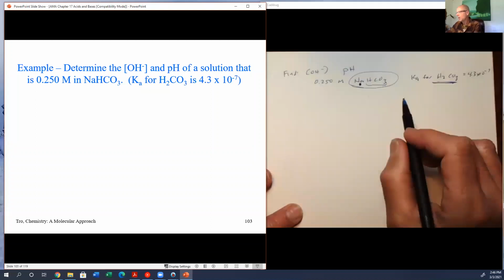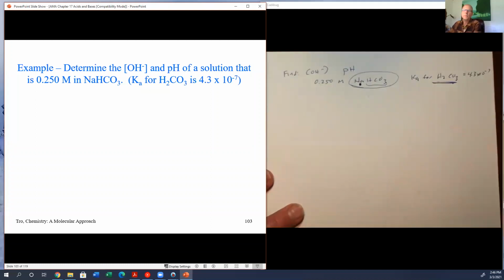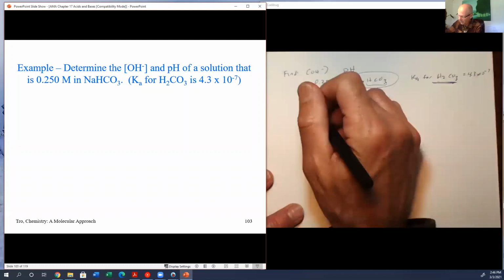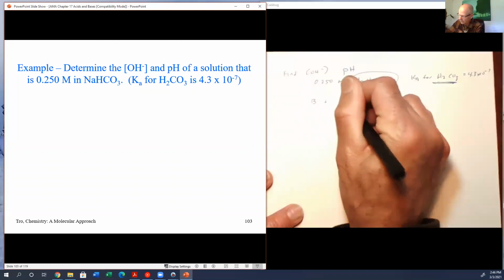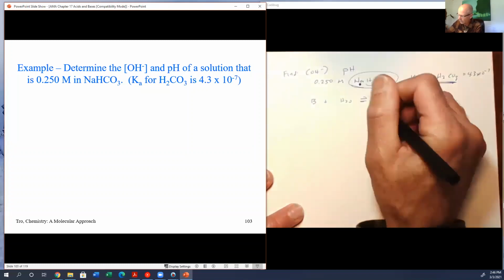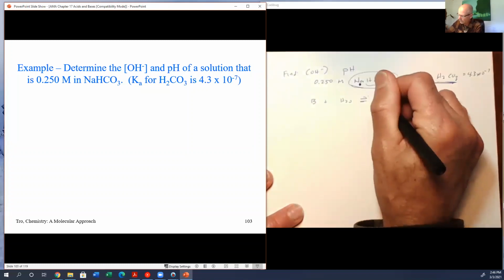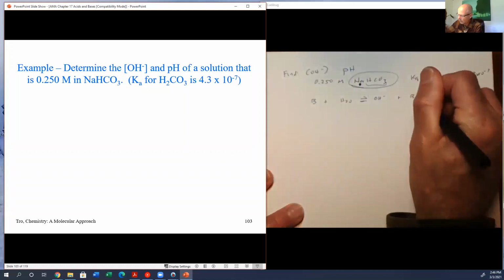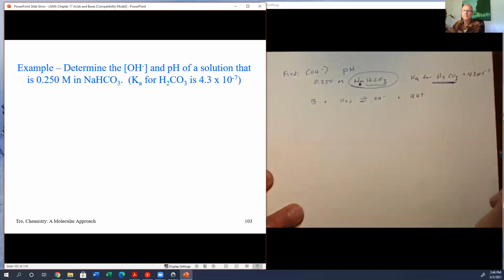So, how do you find the pH of a weak base solution? We call up our best friend, B plus H2O in equilibrium with OH minus plus BH plus. That's one of our two best friends, equations.